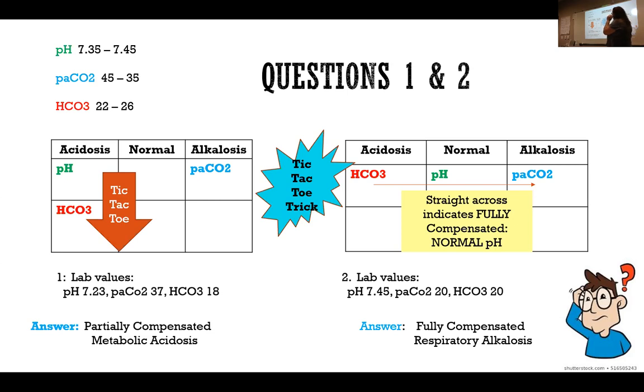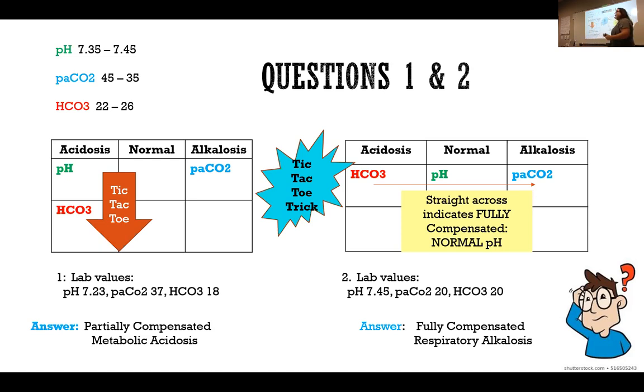How far from normal is that? How many units? 15, right? 20 to 35 would be normal, so the closest normal limit is 15 away. And bicarb is a 20. How far from normal is 20 on bicarb? 2.